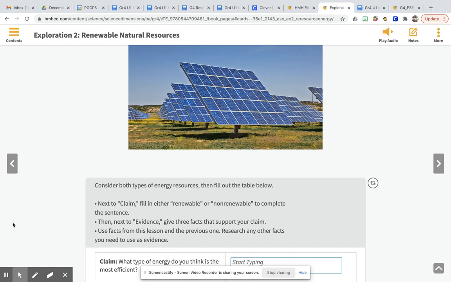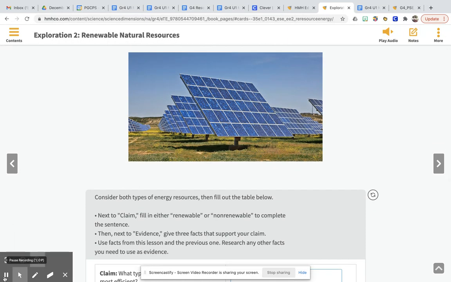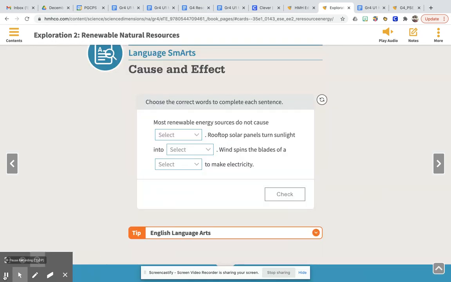I want you to give me some evidence. If you say that renewable energy resources are more energy efficient, tell me why. What is it that we've learned that leads you to believe that? And if you say it's non-renewable energy resources that are more efficient, give us some evidence. So share those things with the class. Share your evidence.